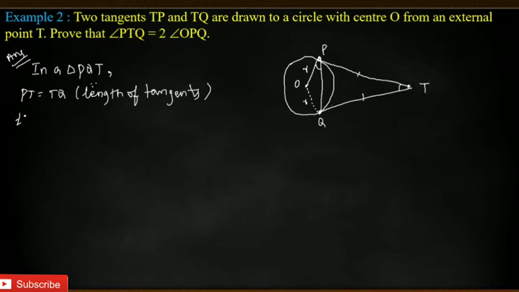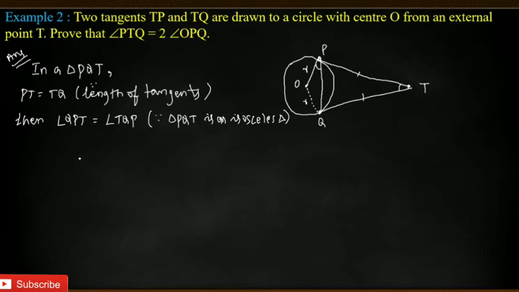Let me write, then definitely angle QPT is equal to angle TQP. Why am I writing that these two are equal? In an isosceles triangle, if sides are equal then angles are equal. So triangle PQT is an isosceles triangle. You just write it like that.